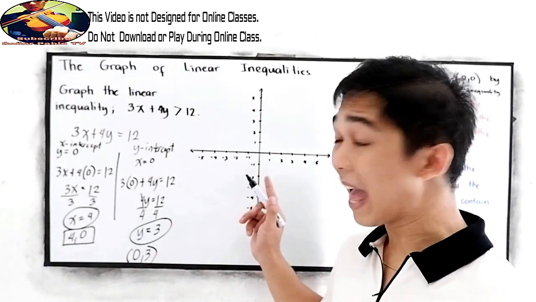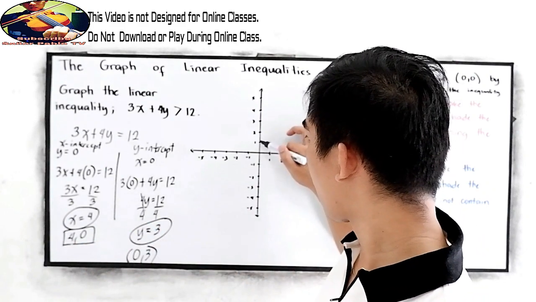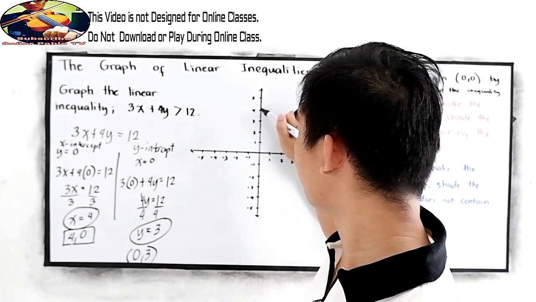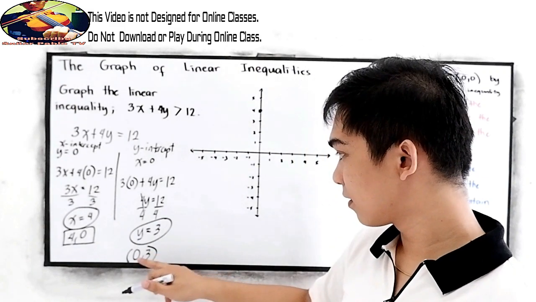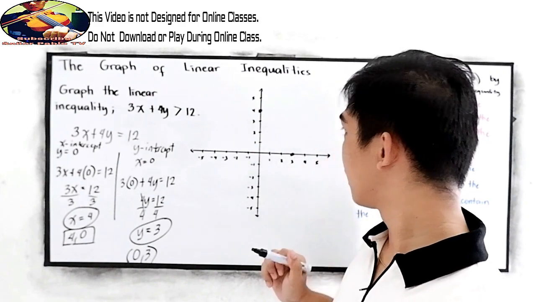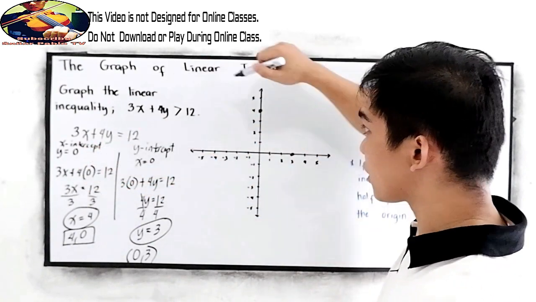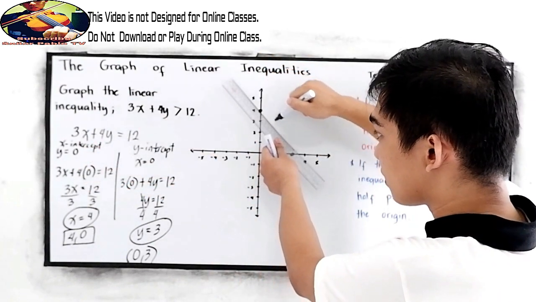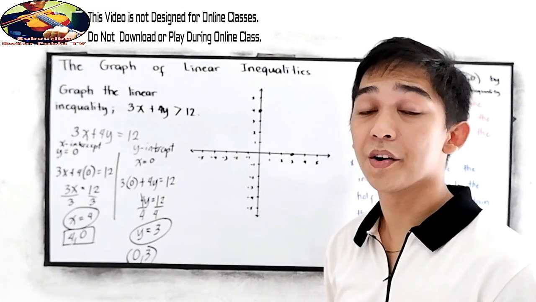If we're going to plot in our Cartesian plane, (4, 0): 1, 2, 3, 4. Then (0, 3), it's here. So in our equation, we're just going to connect the 2 points, and that would be our graph.